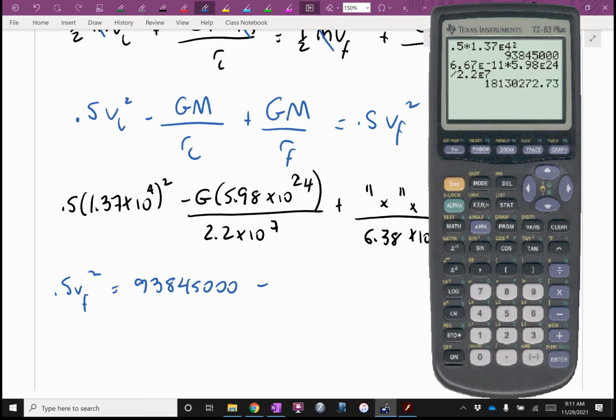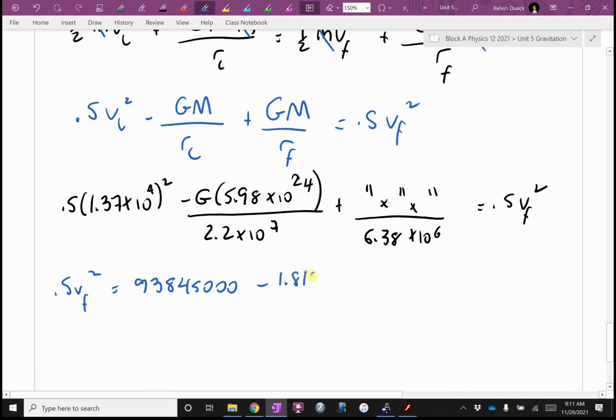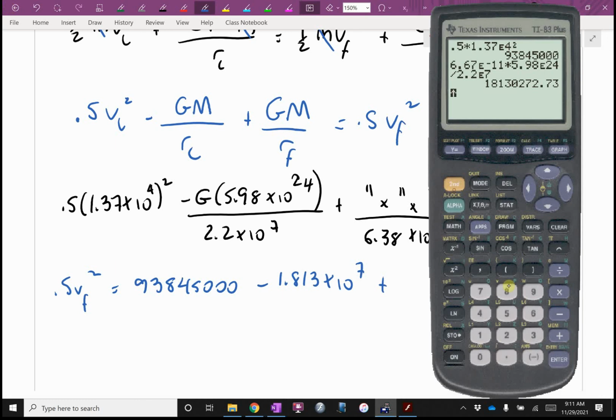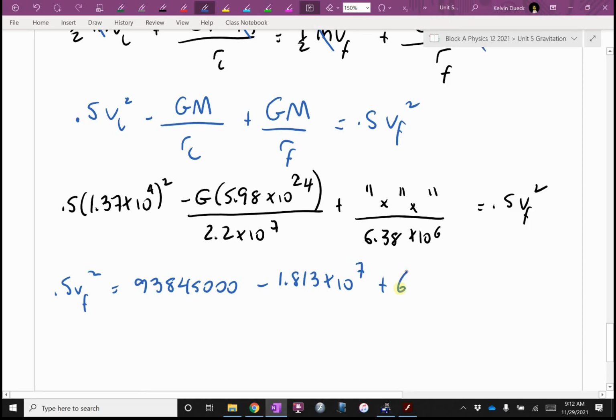I get take away 1.813 times 10 to the 7th, plus same fraction, but on the bottom I'm going to have 6.38 times 10 to the 6th. And I'll get 6.252 times 10 to the 7th.